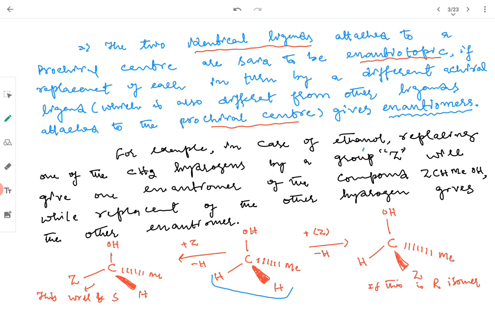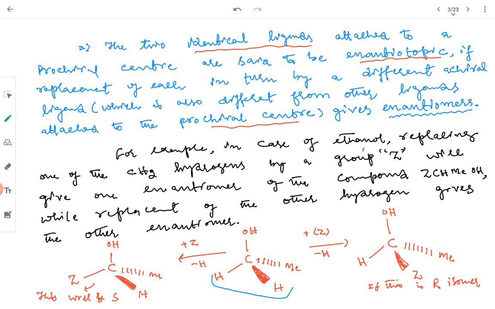If the replacement of these two groups one by one gives enantiomers, then we call such groups or atoms enantiotopic atoms or enantiotopic groups. We'll see this in detail.